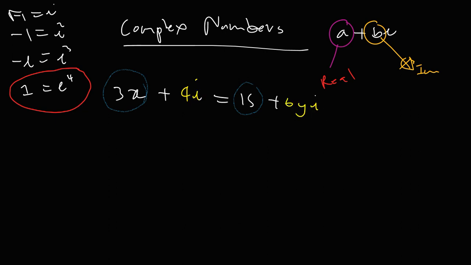So what do I mean by that? I mean to say 3x should equal 15, and 4i needs to equal 6yi. Okay, take note that I use an AND connector here.